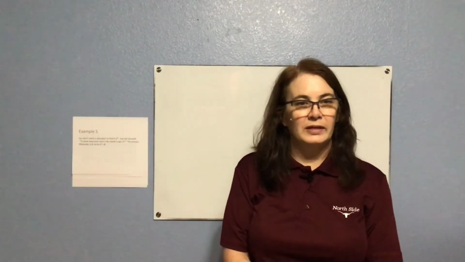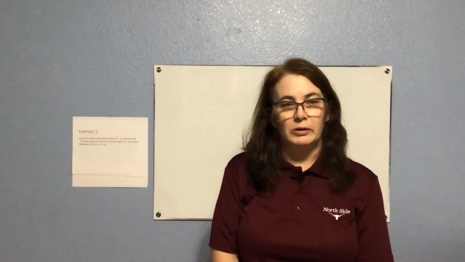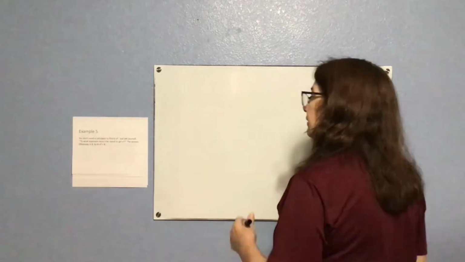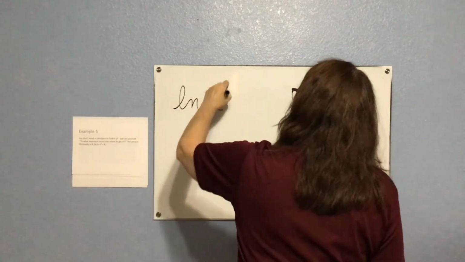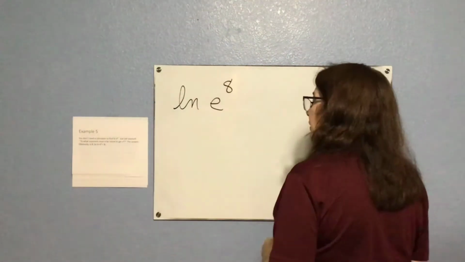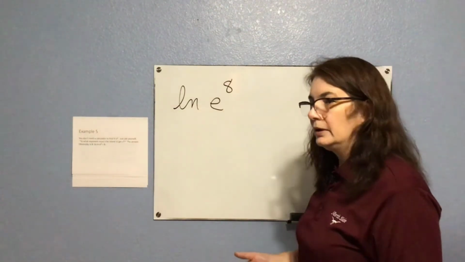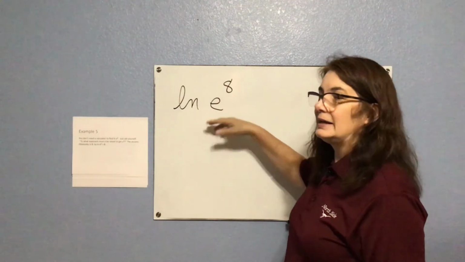Sometimes we overthink things a little and we get very dependent on our calculators when we don't really need to be. For instance, if I wanted to find the natural log of e to the 8th, what I'm looking for is what power do I need to raise e to get e to the 8th?